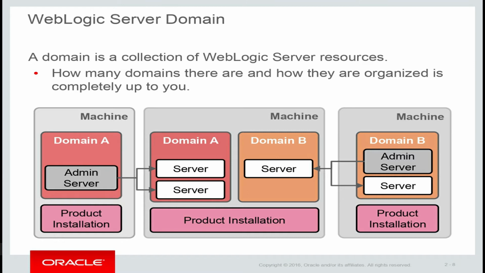What does it mean? A WebLogic server can be a part of one domain, but a domain can have multiple WebLogic servers. If you see on the left, a machine, a small machine, hosts part of domain A. Here we are talking about scalability and high availability.